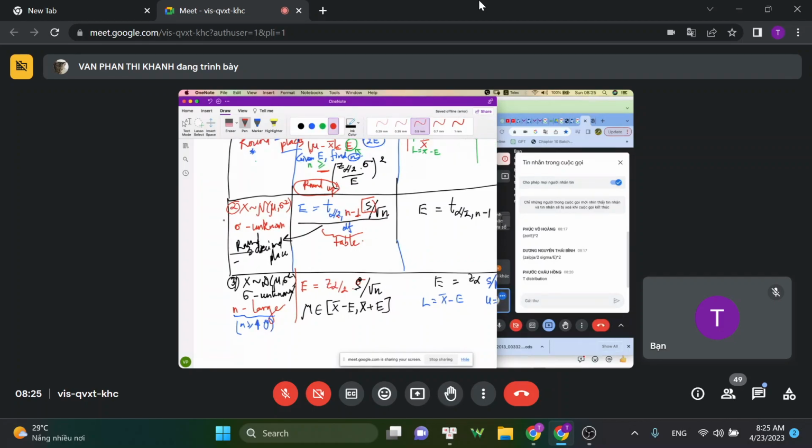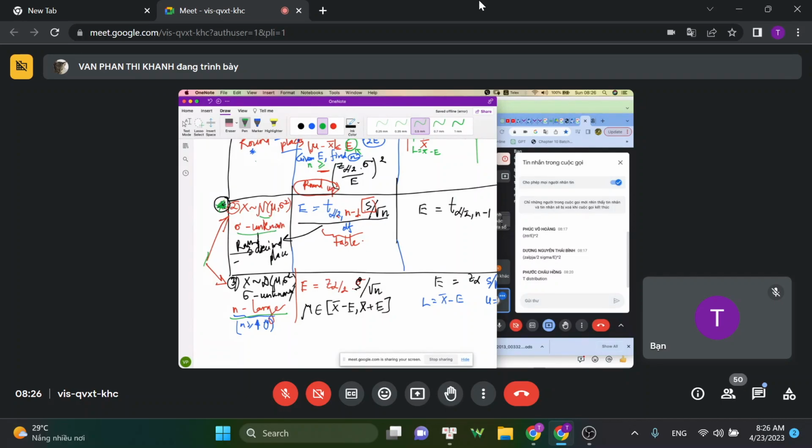This one I already told you, but I will just repeat. If it belongs to case 2 and case 3, so it's two cases, we have an agreement that we will use case 2. It means that we use T distribution instead of Z. Class, remember? If I give you a normal distribution and n is large, sigma is unknown, we still use case 2.